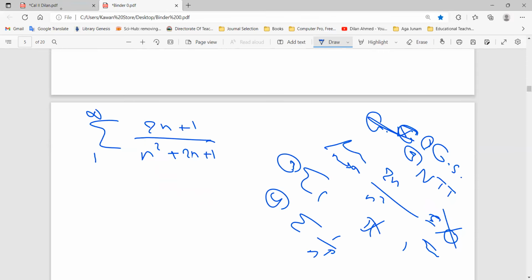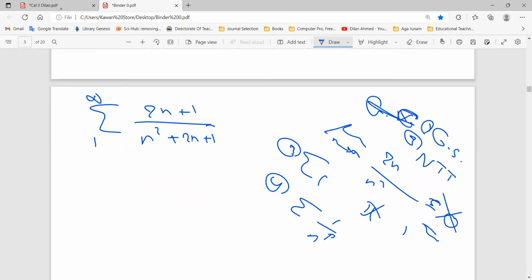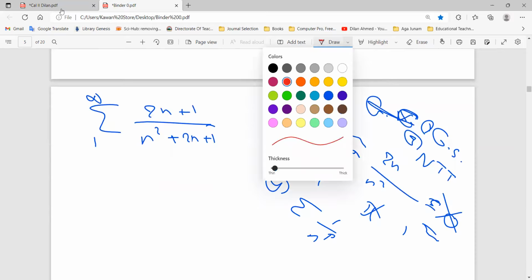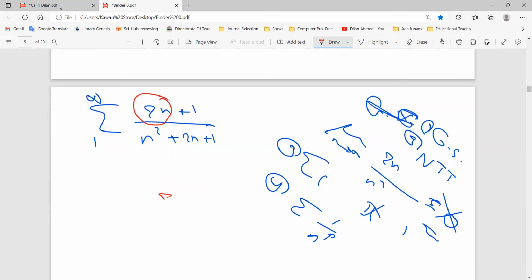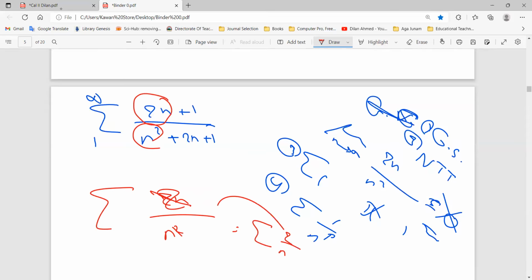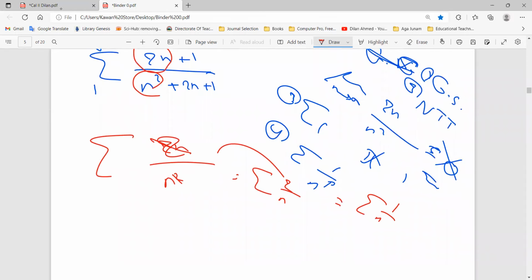How does it look? If I take the highest degree of the numerator, I'll get 2n, and for the denominator, n squared. And if I bring that out, it looks like a P series, right? 1 over n is a P series, it's the harmonic series.